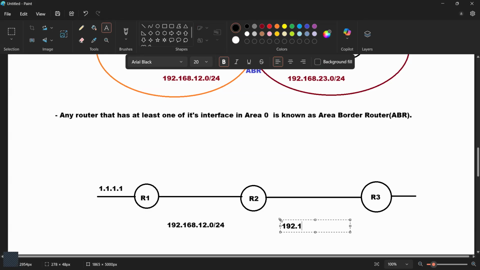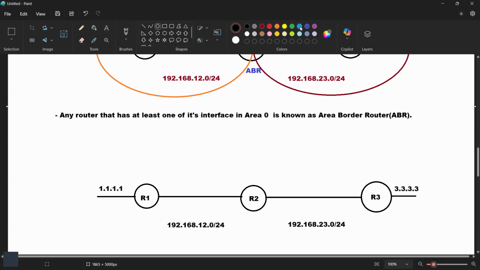Here we have 192.168.23.0/24. And here I have 3.3.3.3. Now consider this. Let's say you are asking what if area 0 is configured here.